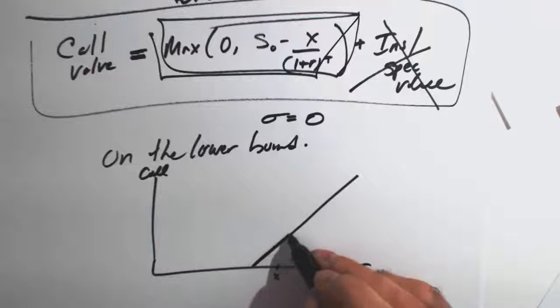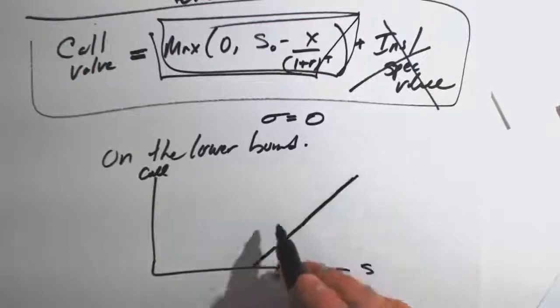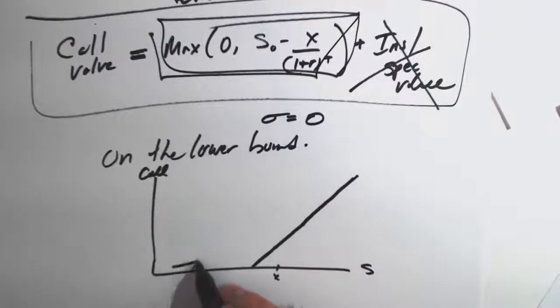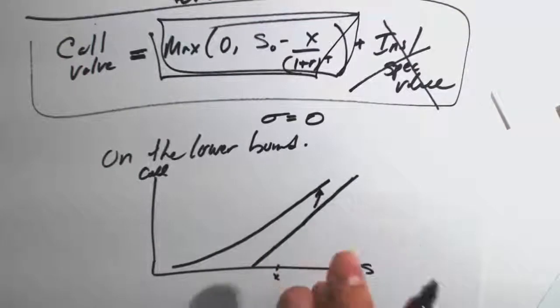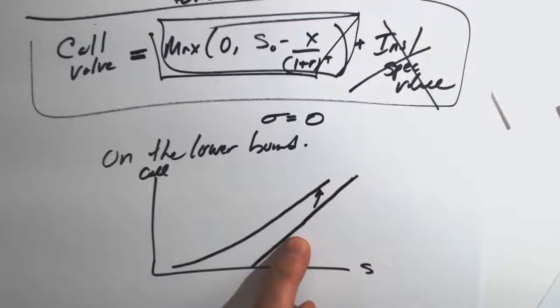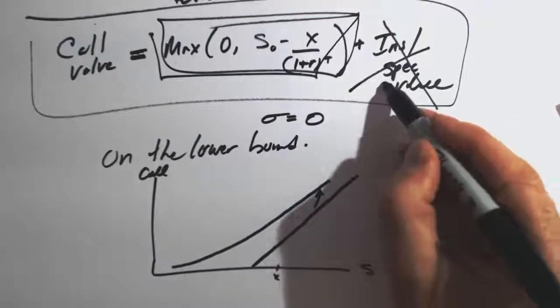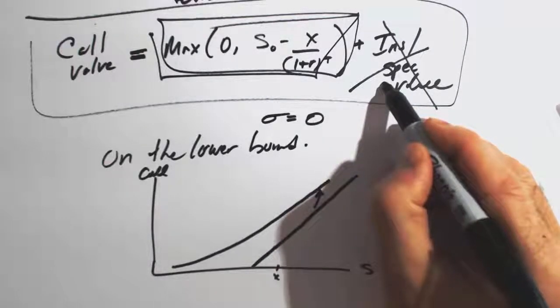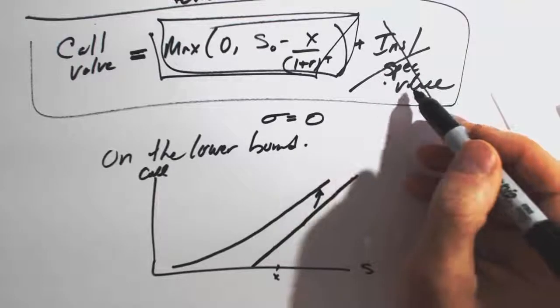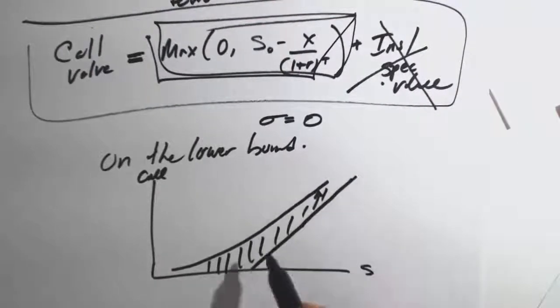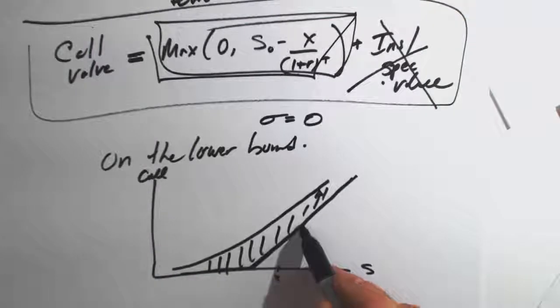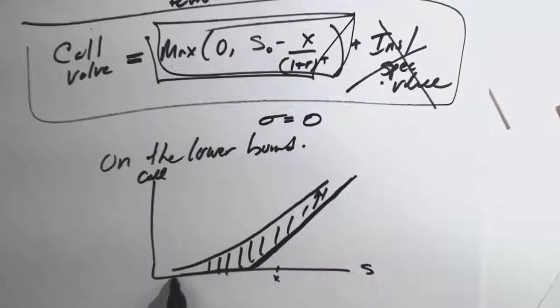You're on this boundary condition, and the reason for option prices being above the boundary condition is because of insurance or speculative value. So if there's no underlying risk, this gap disappears, and the option folds into what we sometimes call hockey sticks.